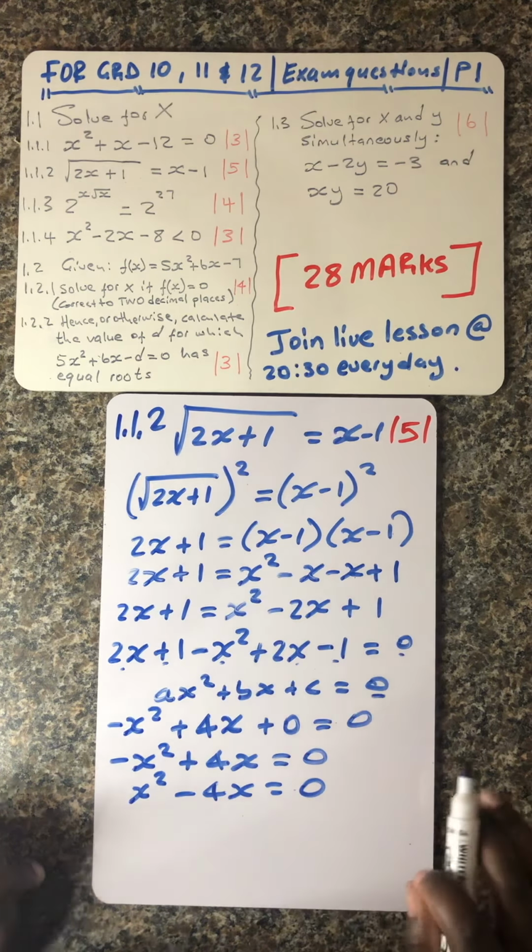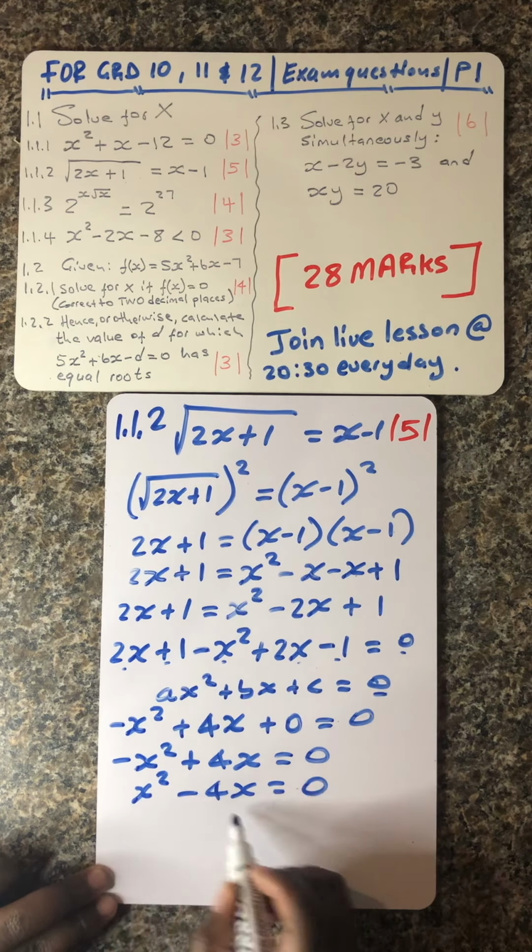Okay, so now guys, can we further simplify this? We can't. Just like with question 1.1.1, there was a stage where I indicated that we cannot further simplify that equation. So if we can't, that's where we can now factorize.